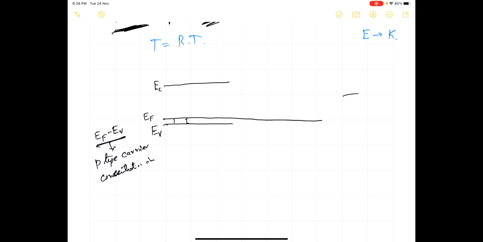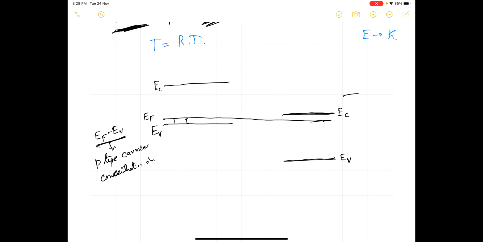Now when it comes to the n type, this is EC and this is EV. Again, with respect to distance it is not changing, it is fixed, there is no slope at all.